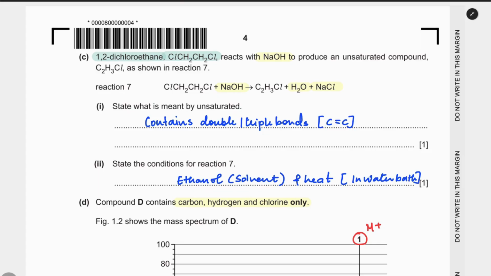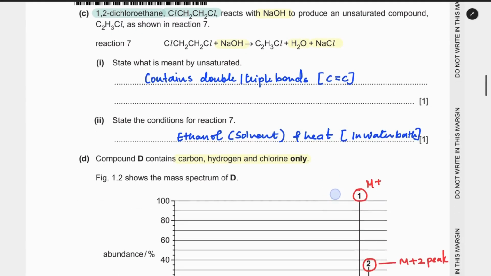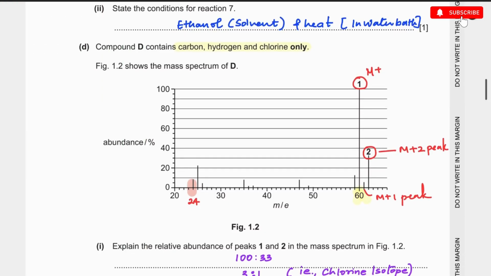And of course, we're going to heat it in a water bath. Why? Because obviously it has a low boiling point, and that's the reason we do it in the water bath. So the final answer is ethanolic solvent, or you can also say ethanolic NaOH. Both will work.